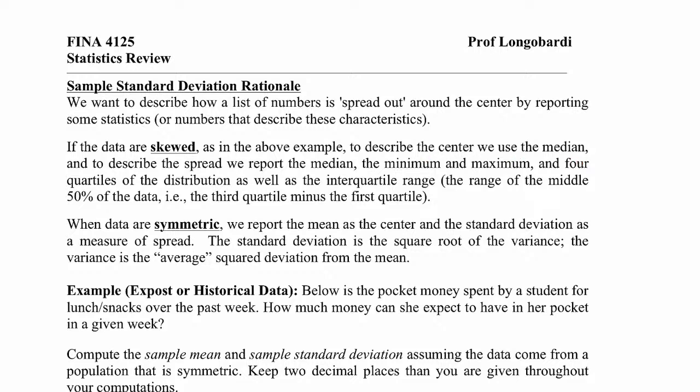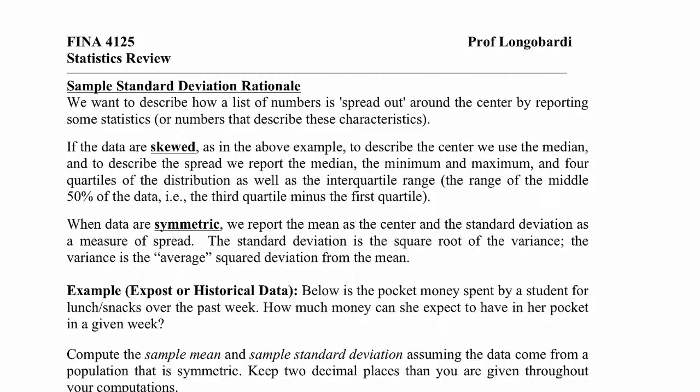So minimum, maximum, and then what's in between. You can divide up the data into the first half. That would be marked by the median. But then you could also split up half of the data into lower half and upper half, and then between those identify 25% or a quarter of the data.